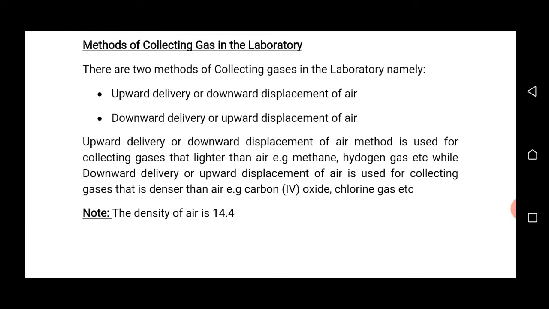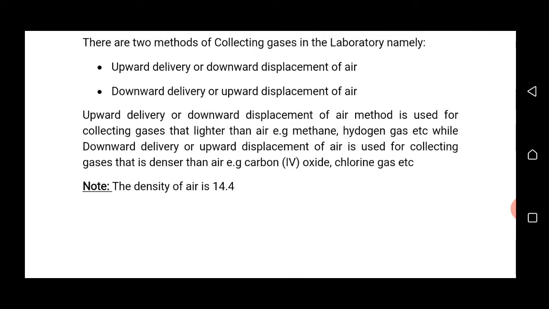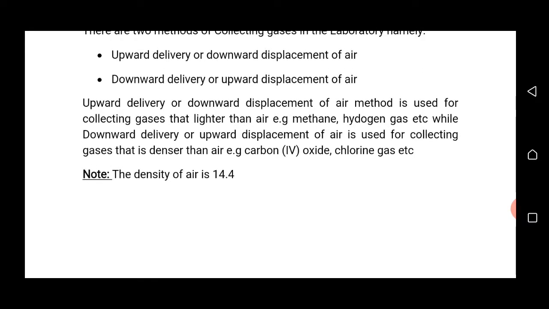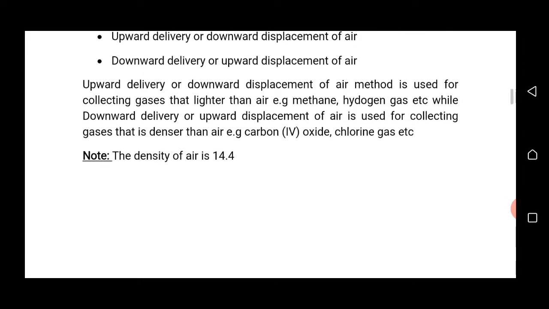Generally, there are two methods of collecting gases in the laboratory, including CO2 and any other gases. The methods of collection fall under these two: one, upward delivery or downward displacement of air; two, downward delivery or upward displacement of air.